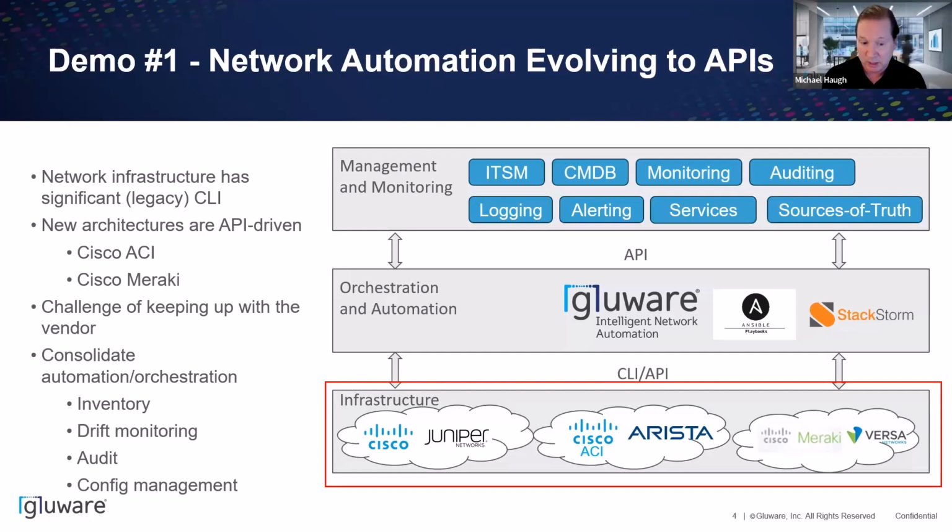Again, that gives you inventory and drift and audit and config management and more. So when you're using Gluware, you have a unified experience across a network layer that's different vendors and even different technologies, being CLI and API based. So with that introduction, let's get into the UI and show you this in action.